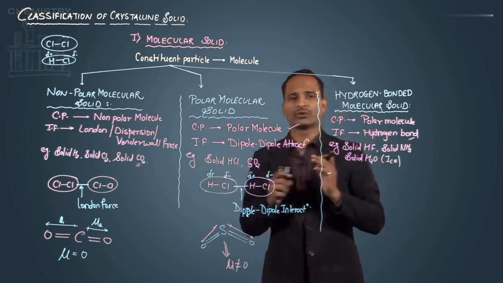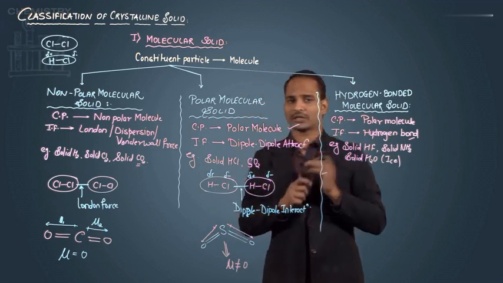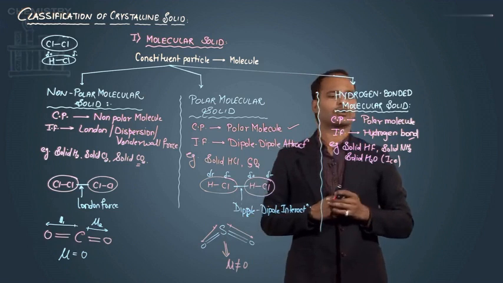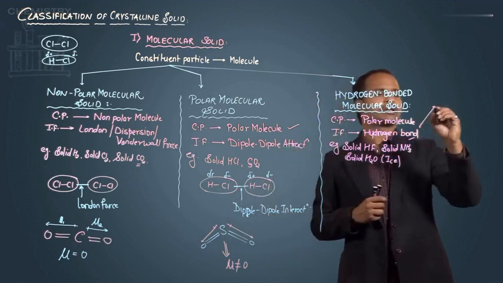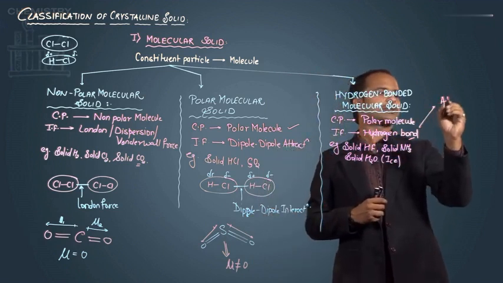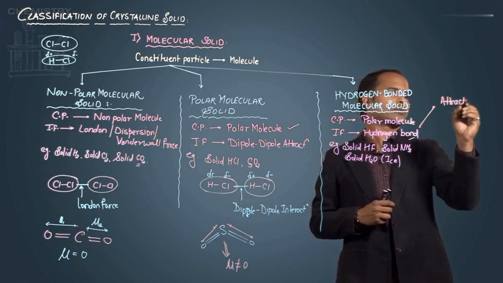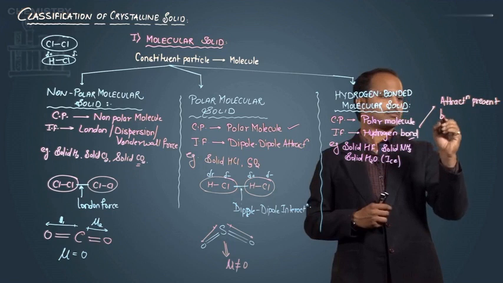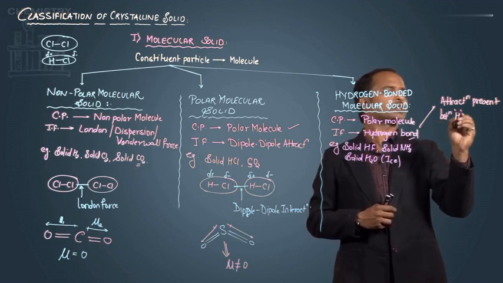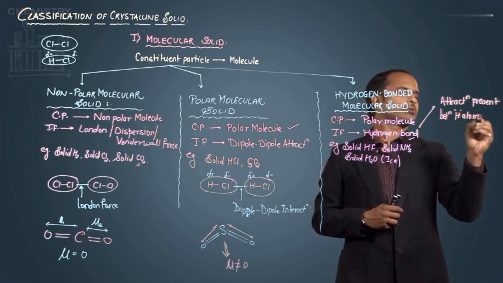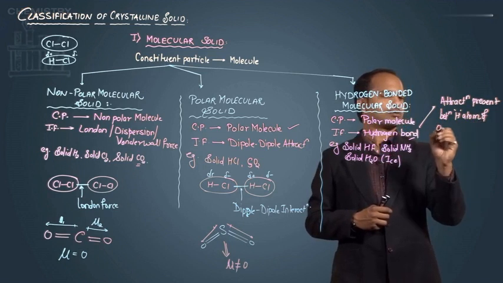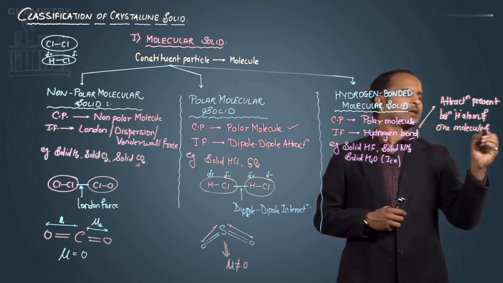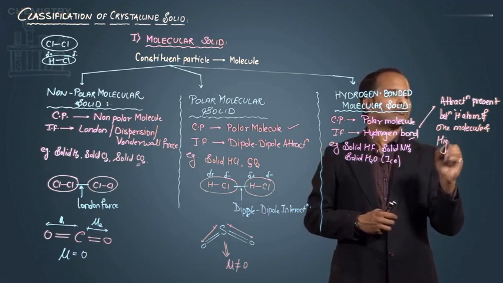Now, how to know whether the given attraction is a dipole-dipole attraction or a hydrogen bond? For a hydrogen bond, we have a simple definition. The definition is that it is an attraction present between the hydrogen atom of one molecule and a highly electronegative atom.